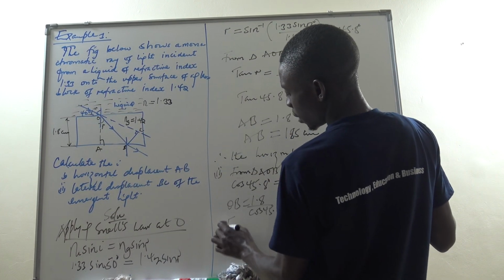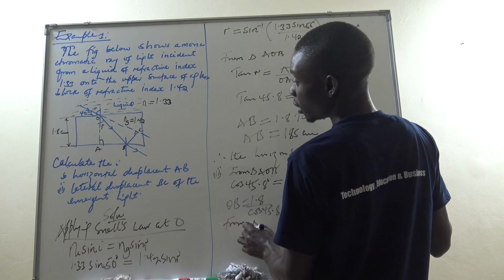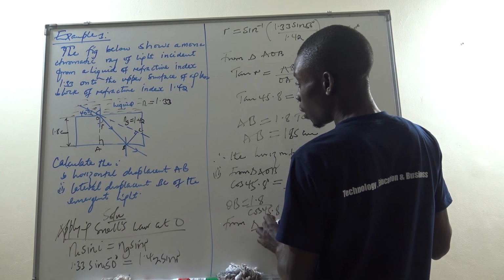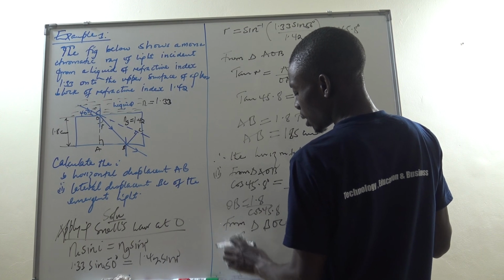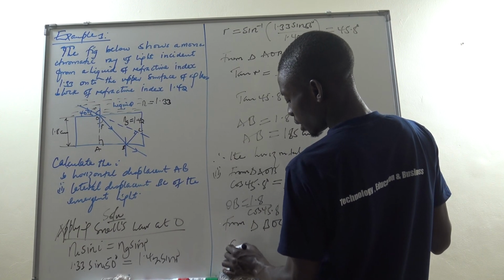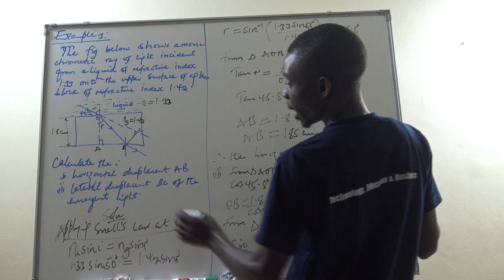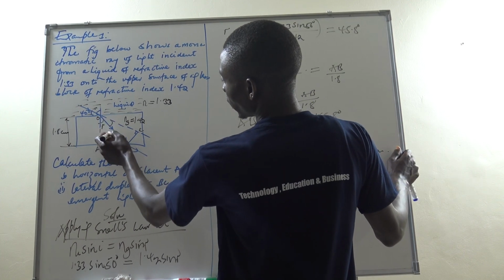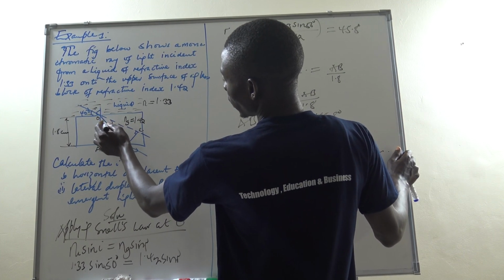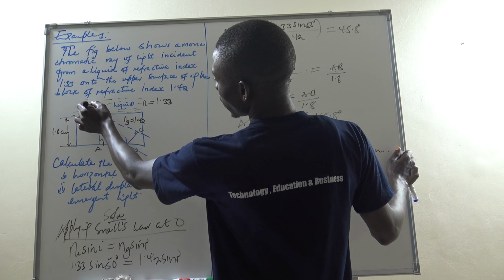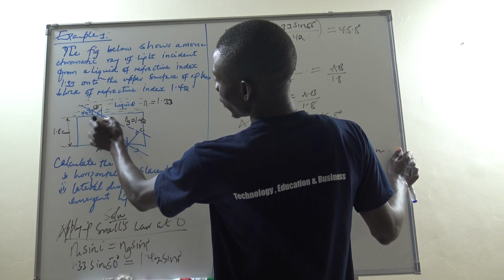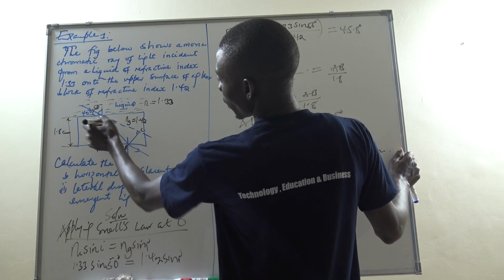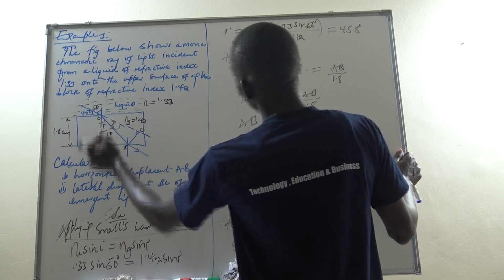So you can say from now triangle BOC, we can say sine of this angle here, isn't it? This angle here, if I know this is 50, the whole of this is also 50. So 50 minus r to remain with this angle only.